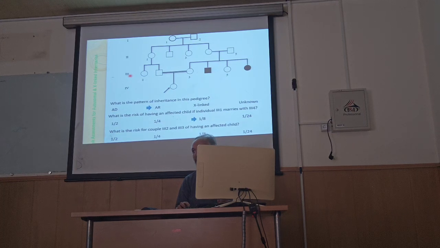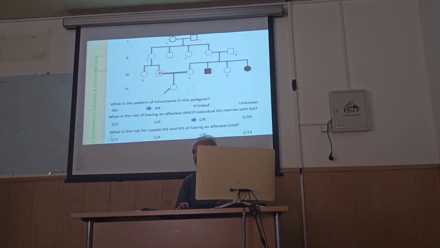3-1, 3-2, 3-3. Which one? 3-2. This is the exact address. Okay? 3-2, yes, 1 by 4 to be a carrier. So for this one, it's 1 by 2. Is it 3 by 2?